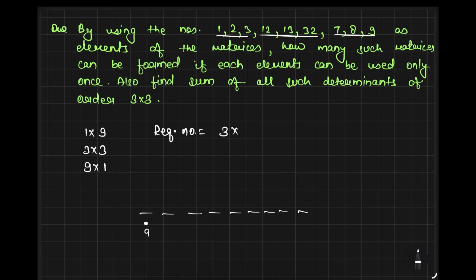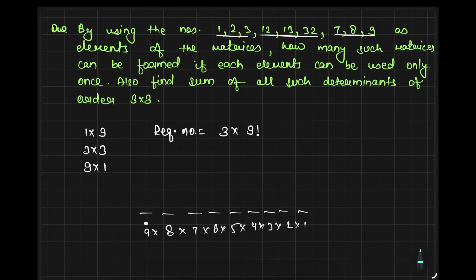Is your task completed? No. So you have to multiply. For the next space, how many choices do you have? 8. Then 7, 6, 5, 4, 3, 2, 1. So can I say that it is 9 factorial? So this many matrices are possible.